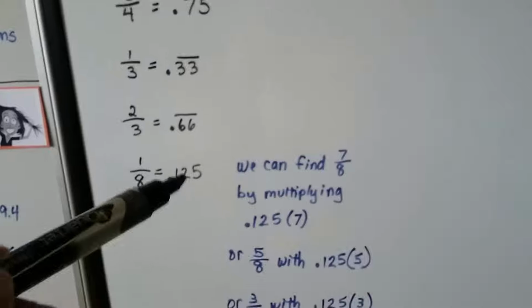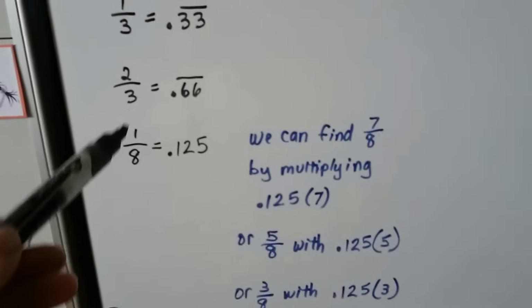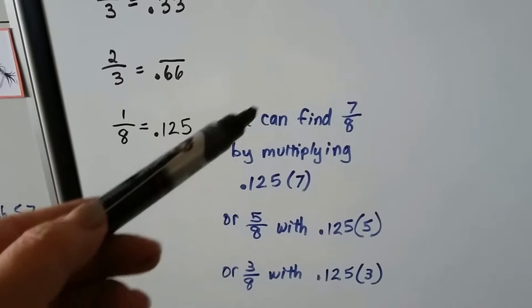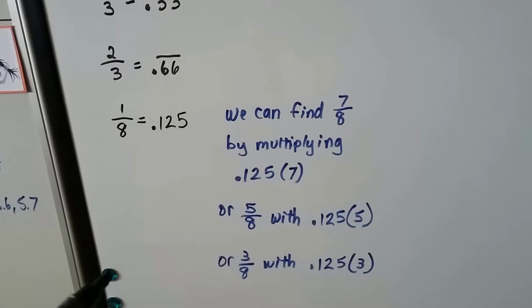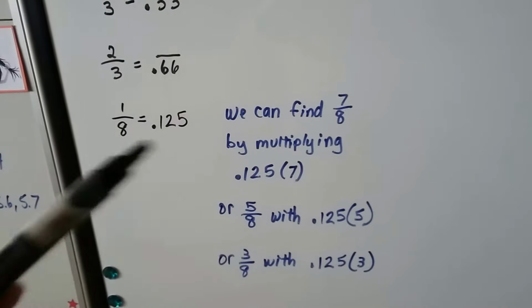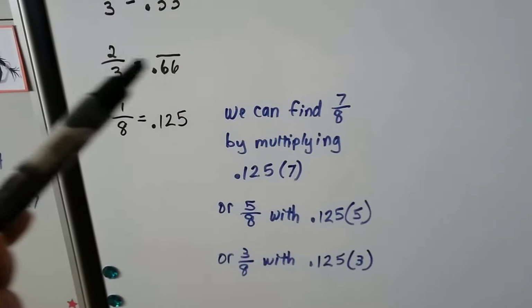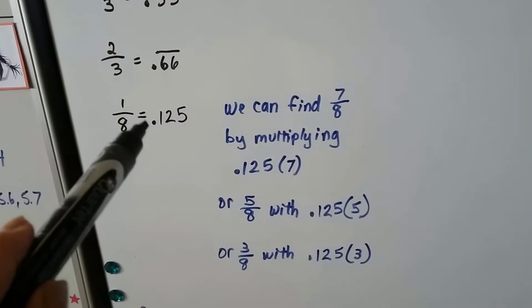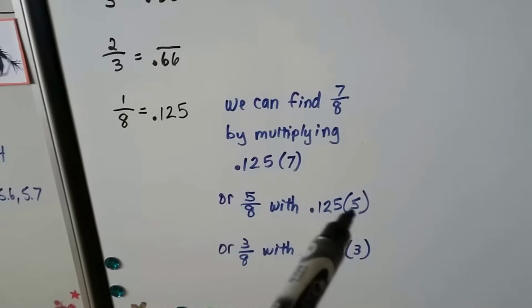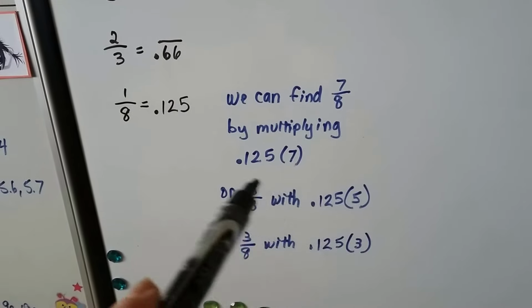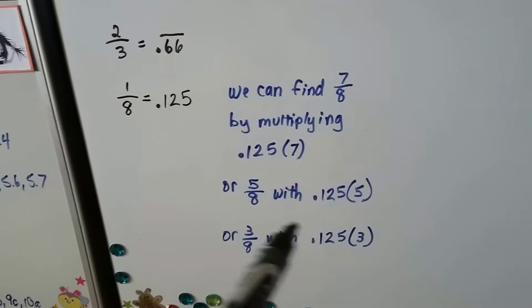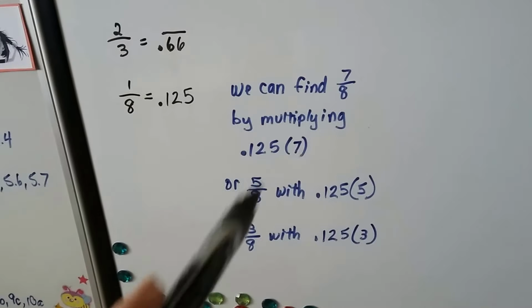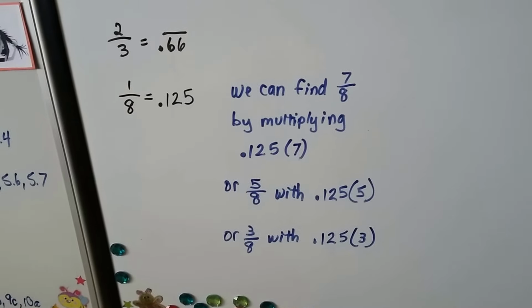1/8 is 0.125, and if you know 1/8 is 0.125, you can find 7/8, 5/8, 3/8, 11/8, 9/8, whatever it is. Because all you're doing is taking the 1/8 as 0.125 and you multiply it by that numerator, and you will know what the decimal version of that fraction is.